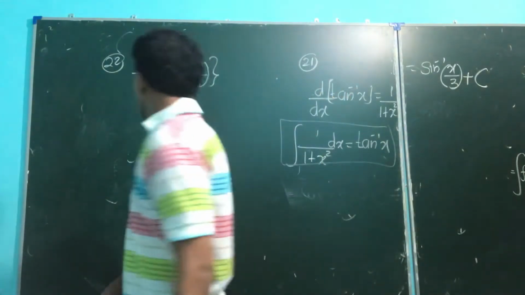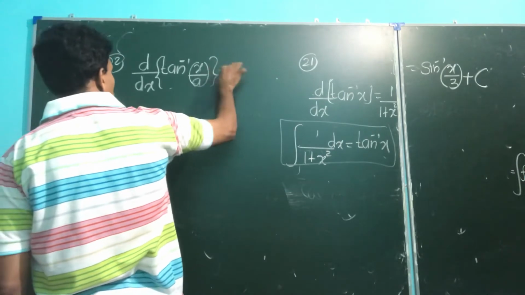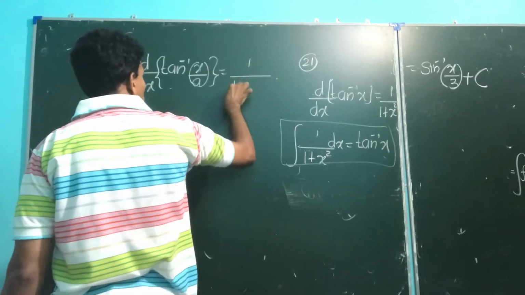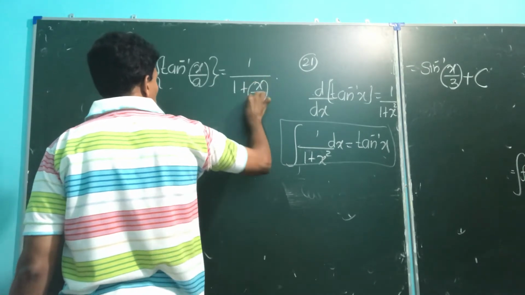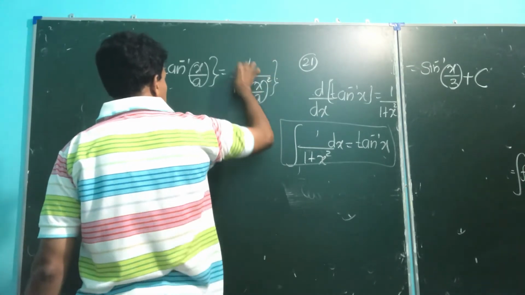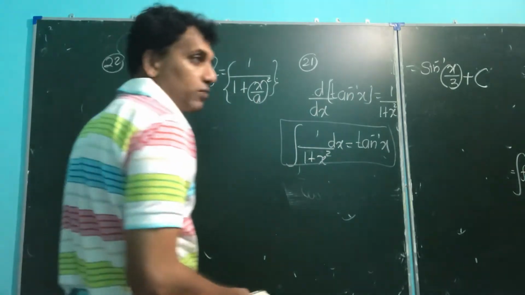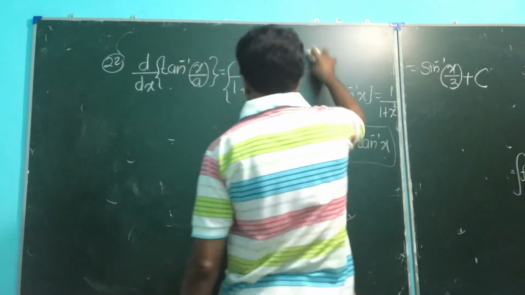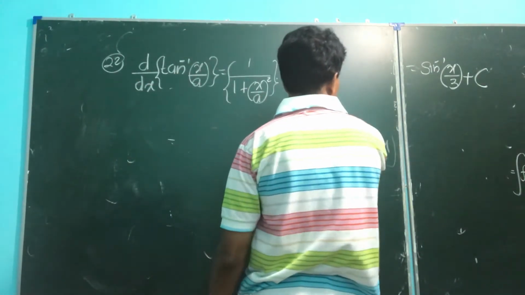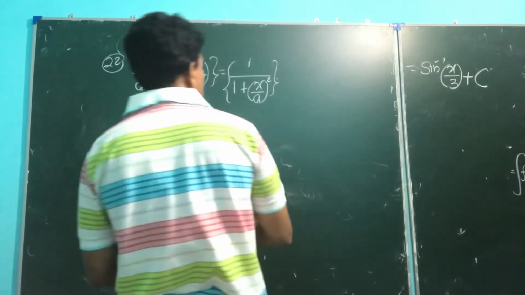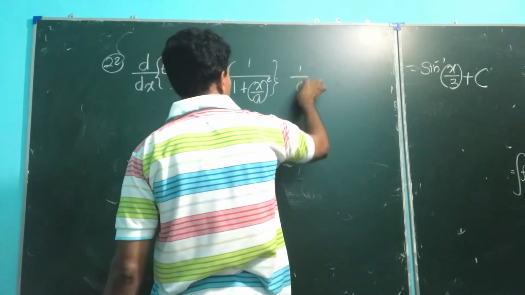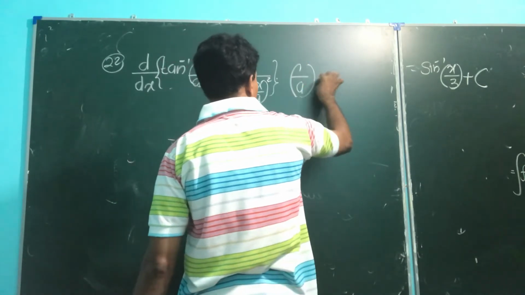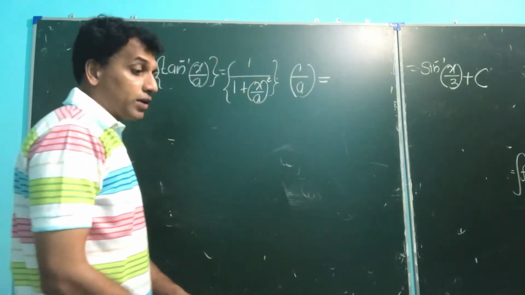Differentiating tan inverse gives 1 over 1 plus (x over a) all squared, right? Next, write the inner function's derivative. What is it? 1 over a. Simplify further. Tan inverse is very important.